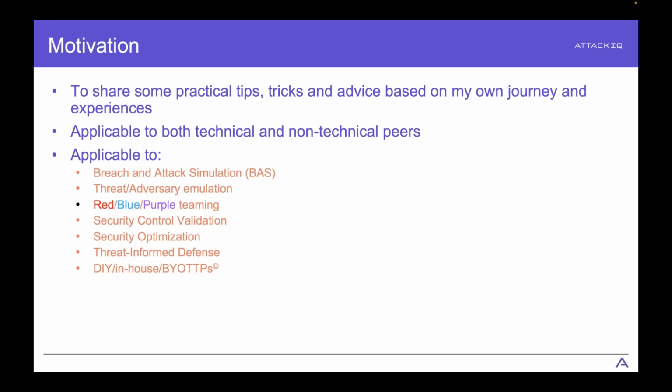Coming up to my first year around April, May time, I started to reflect on, if I was to do this again, what would I do differently? What advice would I give to my past self? And what things might I consider if I were to head up my own adversary emulation or purple teaming project, for example. So fundamentally, this talk is to share some of that experience, some practical tips and tricks based on my own journey.